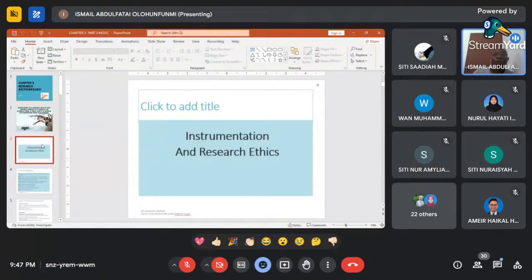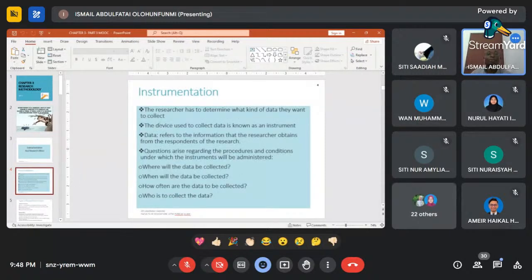Now, the topic before us is instrumentation and research ethics. So what is instrumentation? Instrumentation is about the researcher determining what kind of data they want to collect.